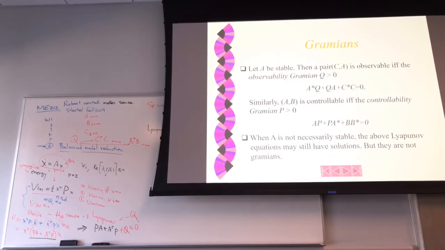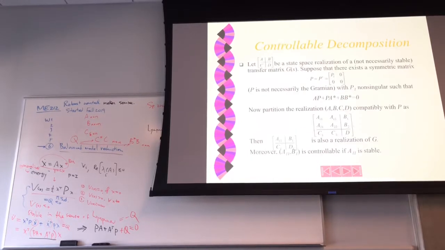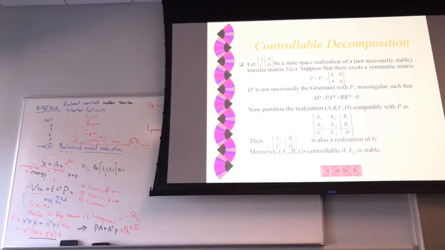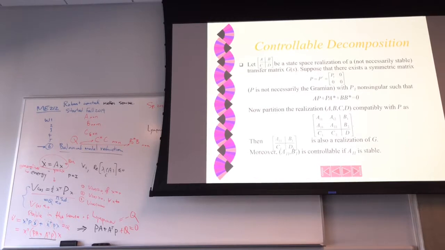The reason we introduce this one is to talk about balanced realization. So what we are going to do next is this: I have a transfer function matrix G(s). Then there are infinitely many possibilities of A, B, C, D to do a realization.